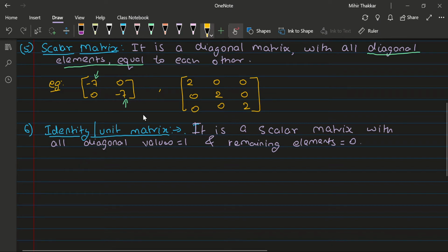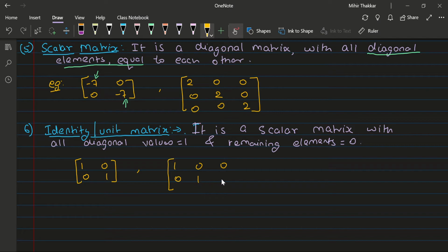So I get over here 1, 0, 0, 1. Otherwise, if it is a 3 row 3 column question, then you will take 1, 0, 0, 0, 1, 0, 0, 0, 1. In general, identity matrix is represented by I. So we say that I is equal to 1, 0, 0, 1, or again in case of a 3 by 3 matrix, it will be called I. Sometimes your question tells you I2, I3, but still that does not make a big difference.